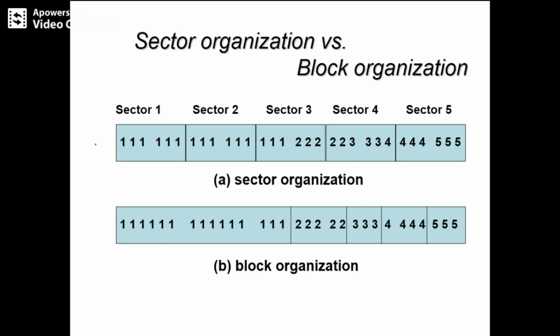Now if this is your sector organization and this is your block organization. In sector organization, say I have 5 different records. My first record contains all ones, okay. So this is my first record.